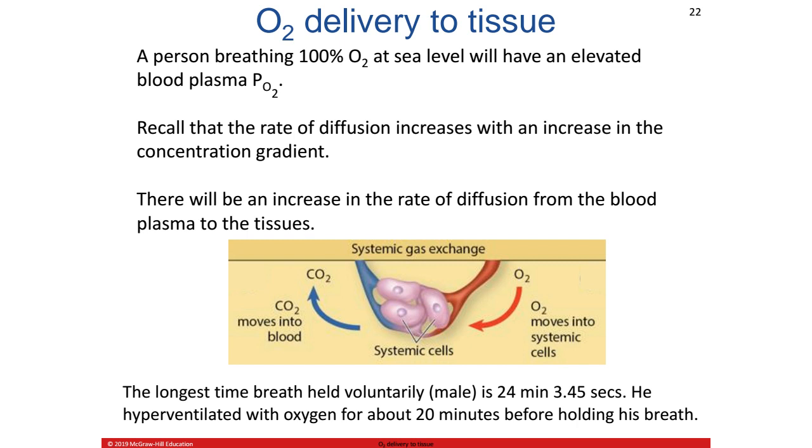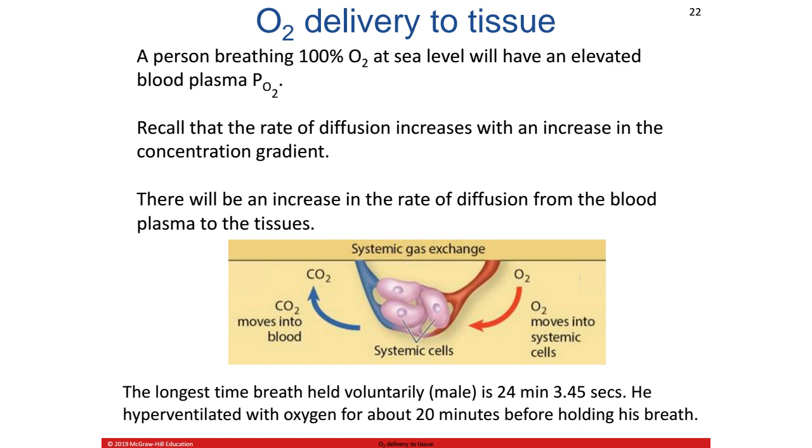Now that elevated level of partial pressure may not last very long because, of course, we just established that most of the oxygen is in fact transported in the blood bound to hemoglobin. So even if there is an elevated level of oxygen solubilized within the blood, that may not last very long because it's a relatively small quantity.